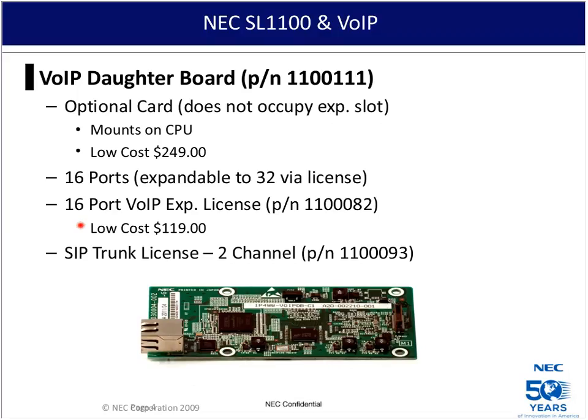So ultimately, you can grow our voice over IP Daughterboard to 32 resources. And off of those 32 resources, you can hang a maximum of 64 voice over IP phones. Those resources are shared resources. They're dynamically allocated. As a phone requests a resource, if there's one available, the system will supply it to the phone.